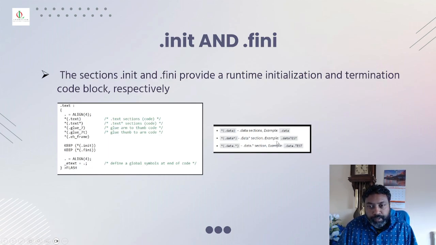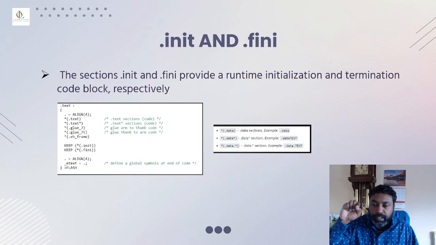The data section, for example .data*, will all be grouped into this asterisk. So this is how the linker grouping terminology is used. If it is .text with an asterisk, that means the compiler knows that it has to bring every file name that says .text and group it into that.